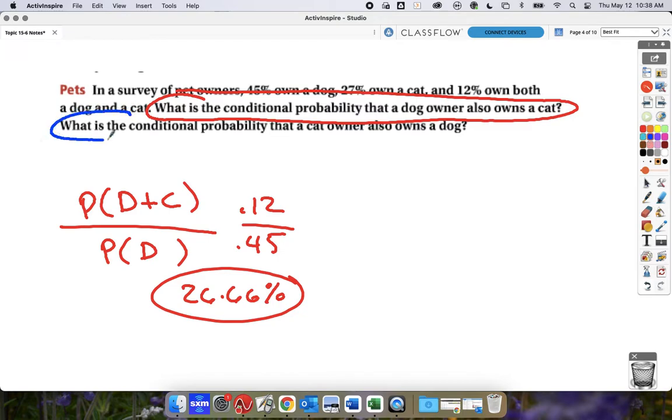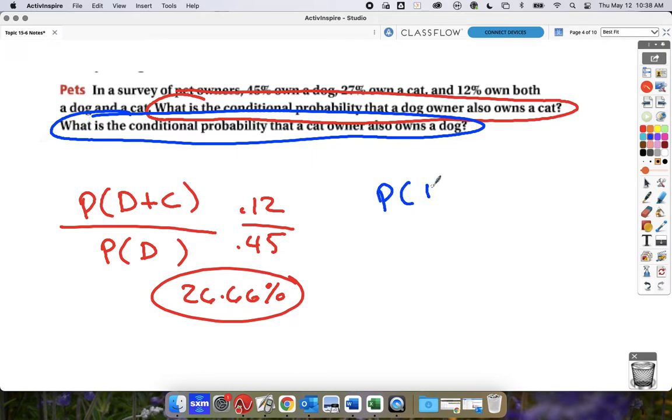All right. What is the conditional probability that a cat owner owns a dog? So this is still the probability of you're a dog and cat owner over the probability that now you're a cat person.